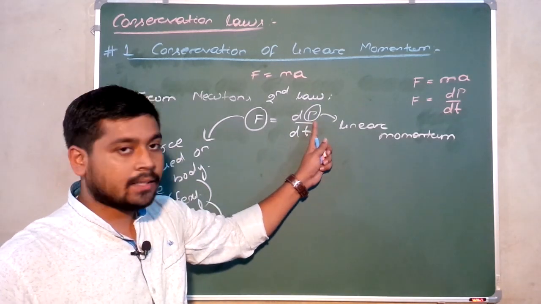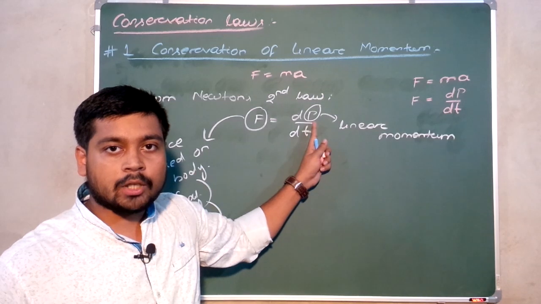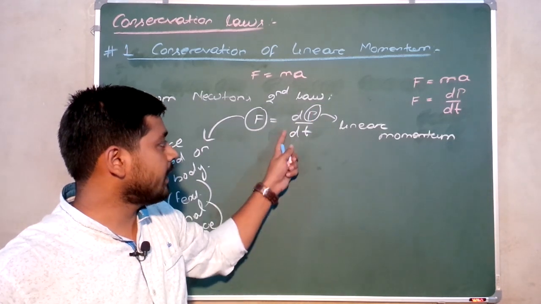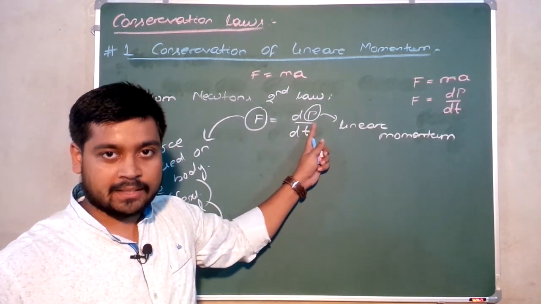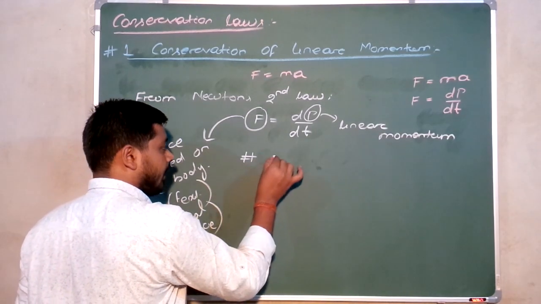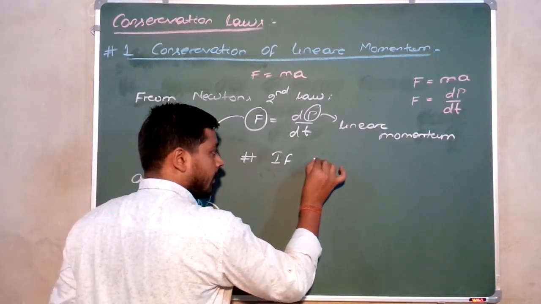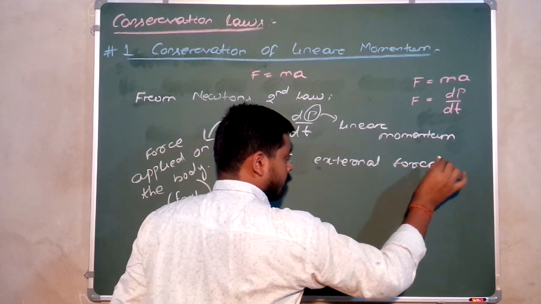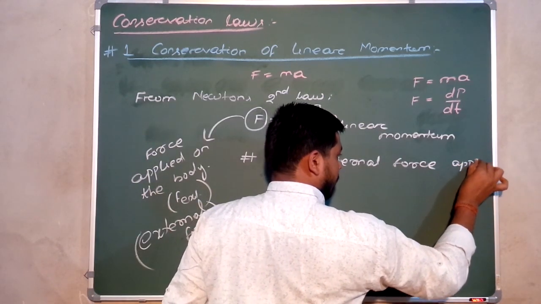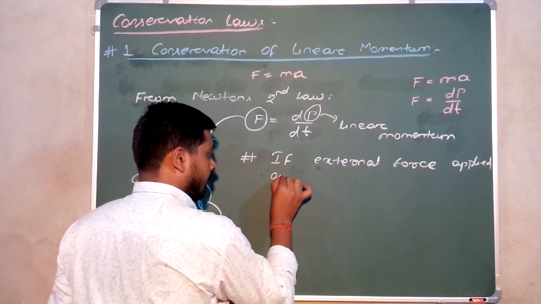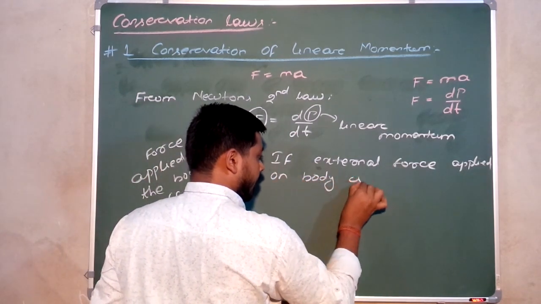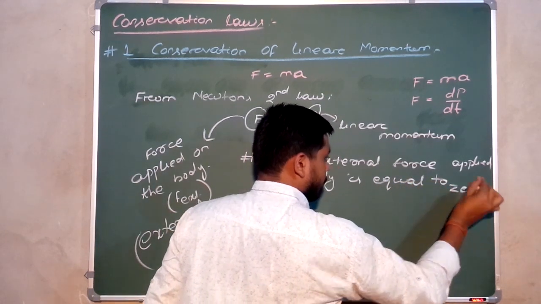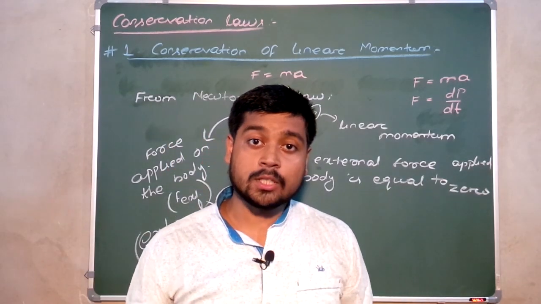Conservation means we have to make the linear momentum constant. How does linear momentum become constant? If we put F equal to 0, then dp by dt equal to 0. That means P must be constant. If the external force applied on the body is equal to 0, that means there is no external force on the body.